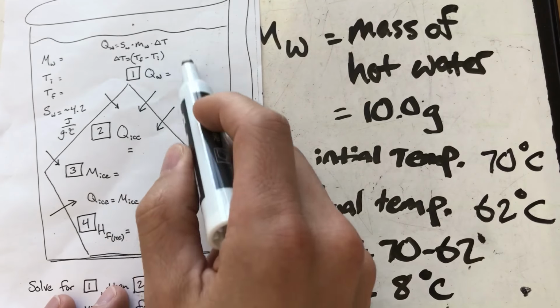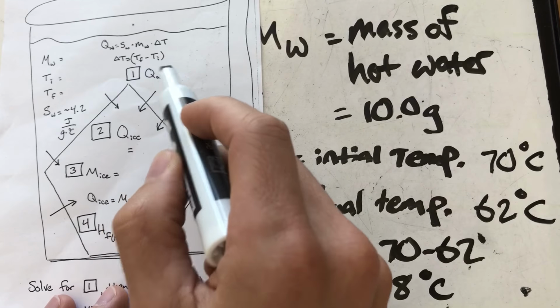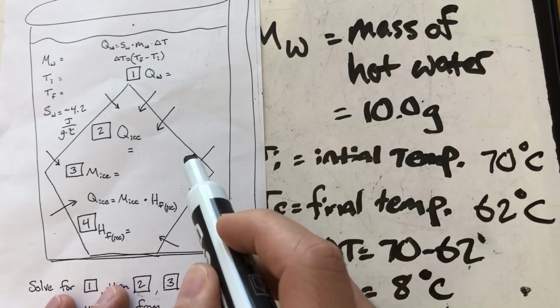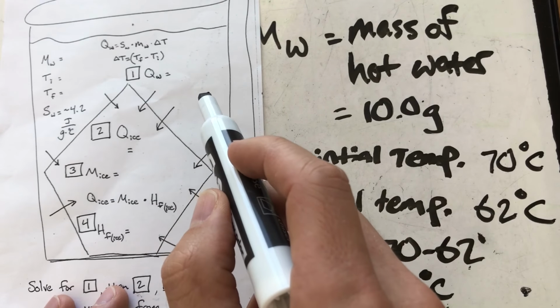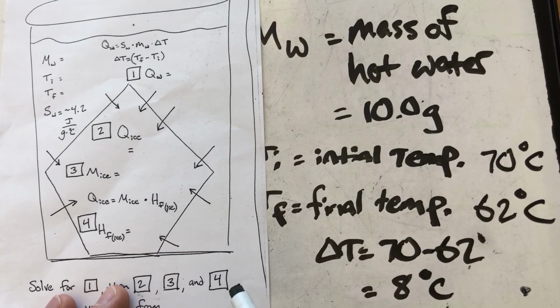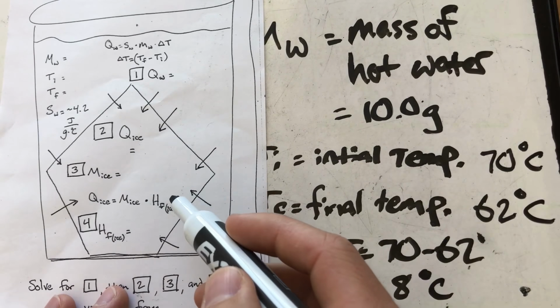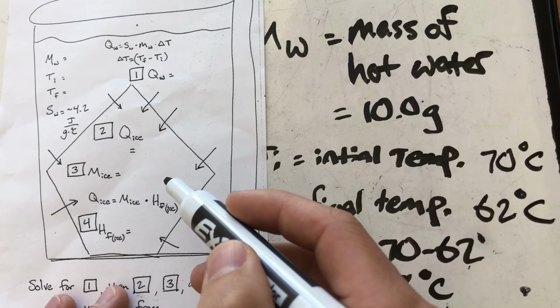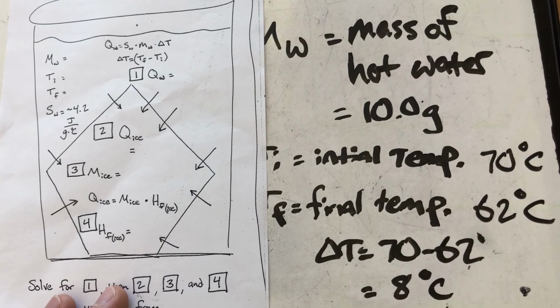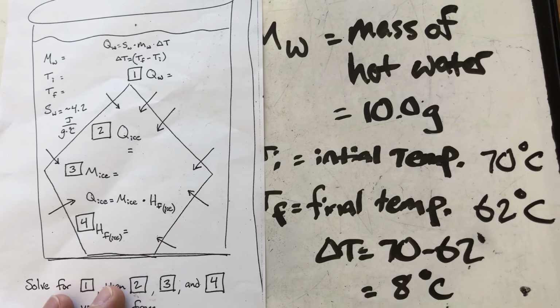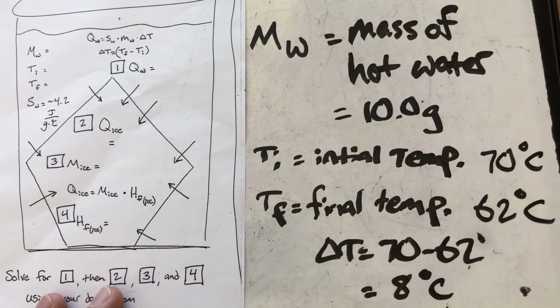So now we can figure out how much heat must have left the water in the process of the water cooling down. Okay, so if the water cools down, it means that that heat energy must have gone somewhere. And if we observed that the ice was melting, it means that the ice must have been absorbing some of that heat. Okay, so let's go to the next thing.